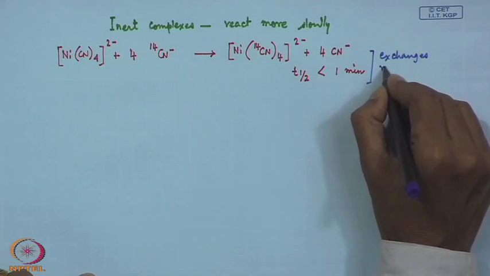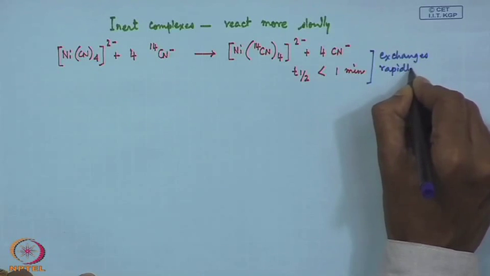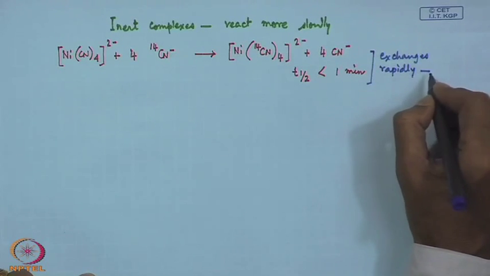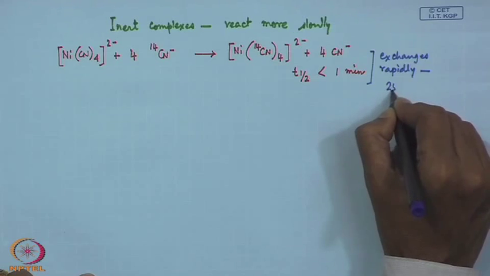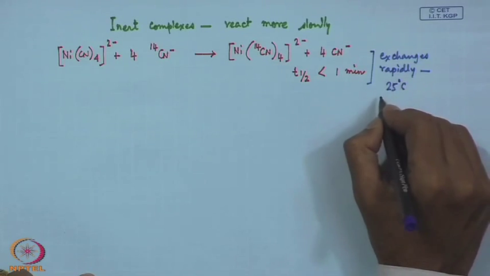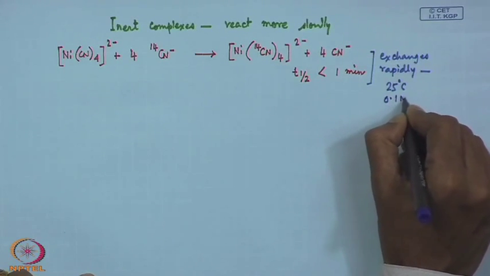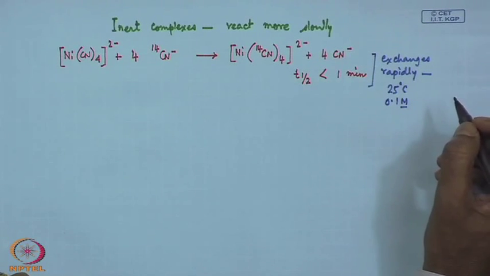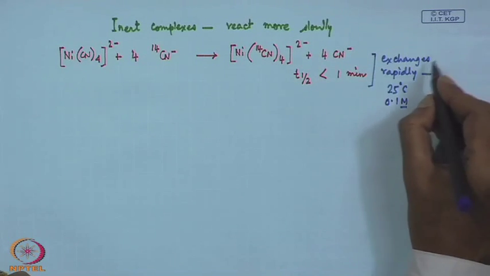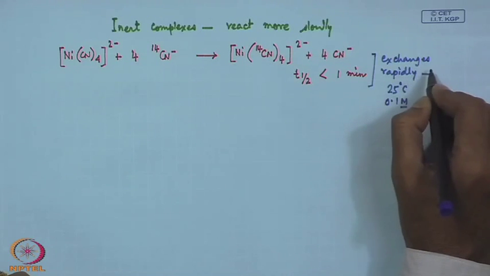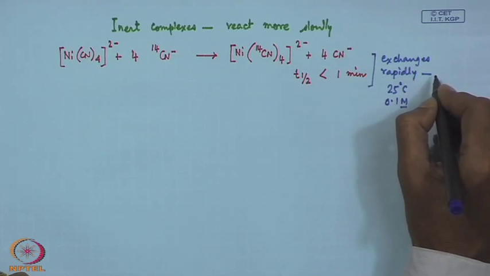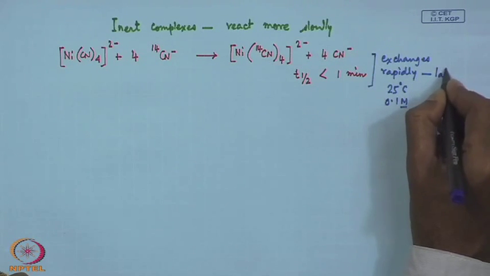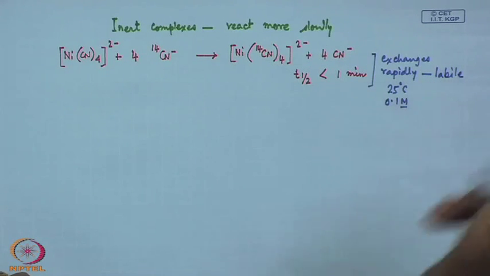At a temperature of 25 degrees centigrade, with the metal ion and the ligand concentration at 0.1 molar, we find that the corresponding t half value is less than 1 minute. It exchanges quite rapidly, and therefore, we consider this as a labile complex.